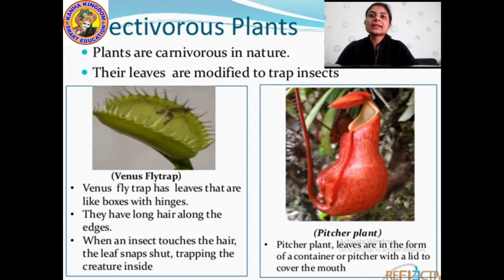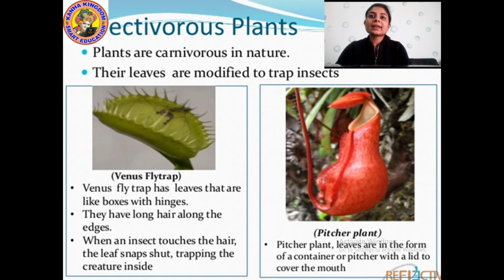Since they trap insects for their nutrition, that is why they are called insectivorous plants, because of their carnivorous nature. Why are these insectivorous plants called carnivorous? Because they trap insects for their nutrition.